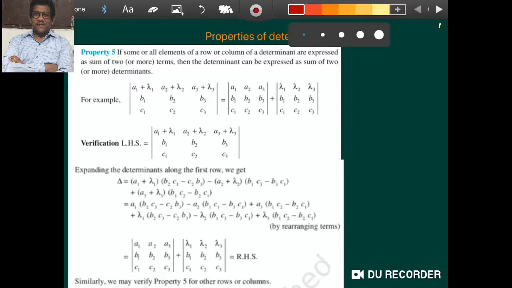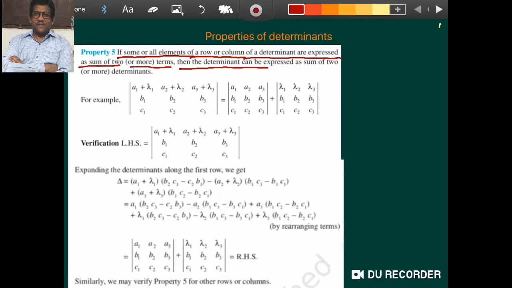Property 5: if some or all elements of a row or column of a determinant are expressed as a sum of two or more terms, then the determinant can be expressed as a sum of two or more determinants.